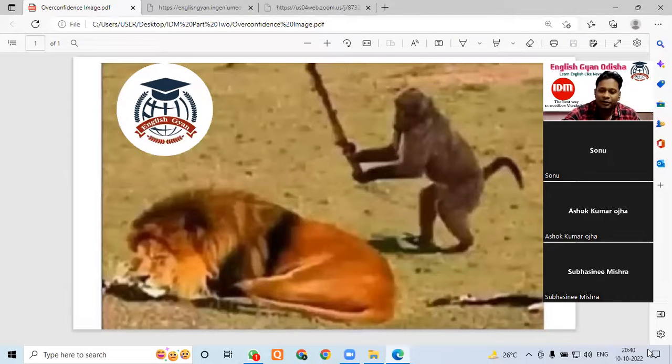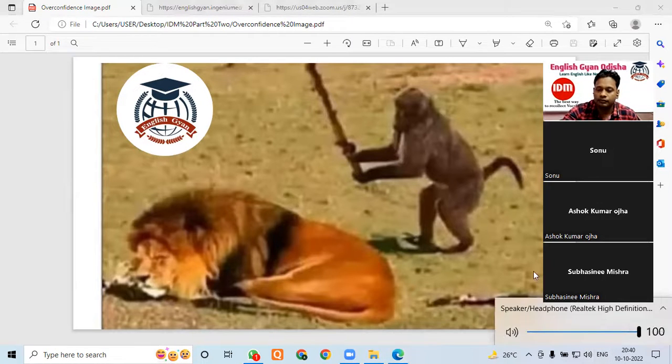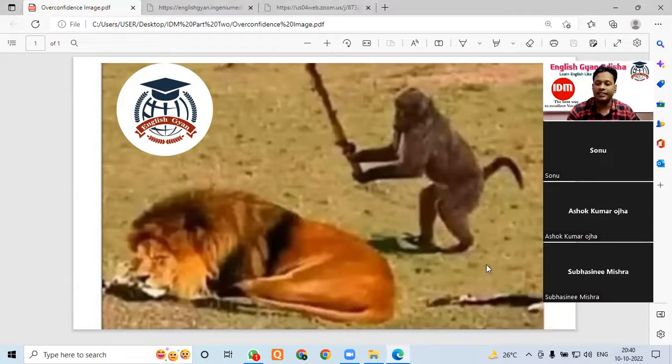Okay, very beautiful things. So can anybody tell me what exactly is happening here? Ashok sir, can you tell me? A monkey is beating a lion.